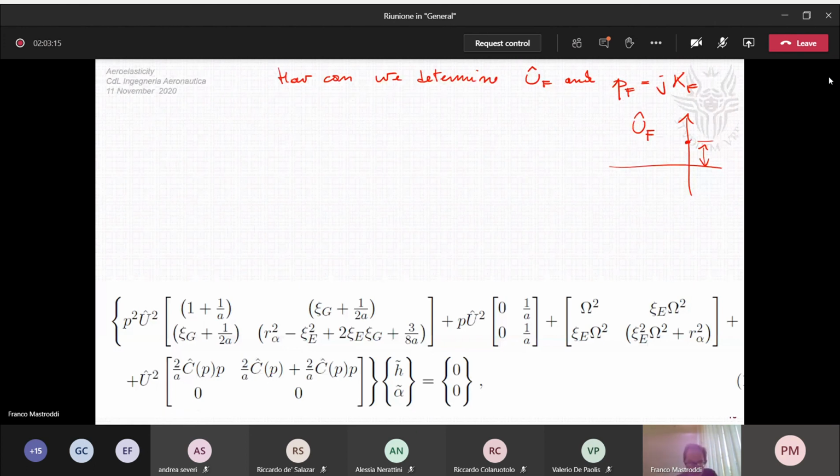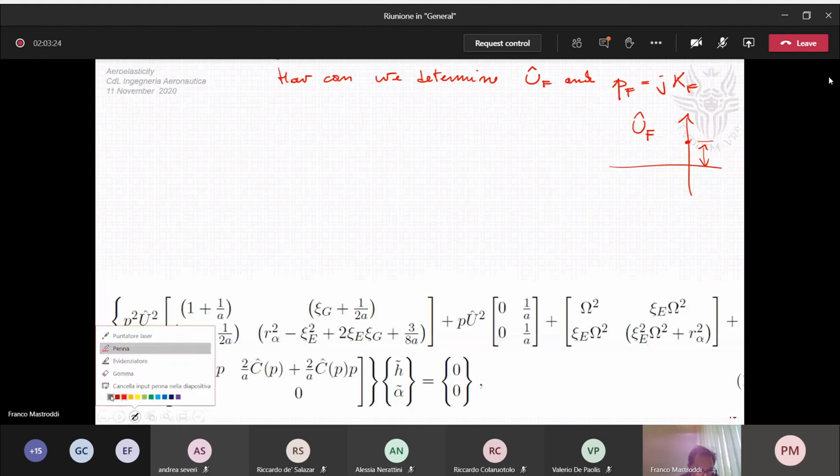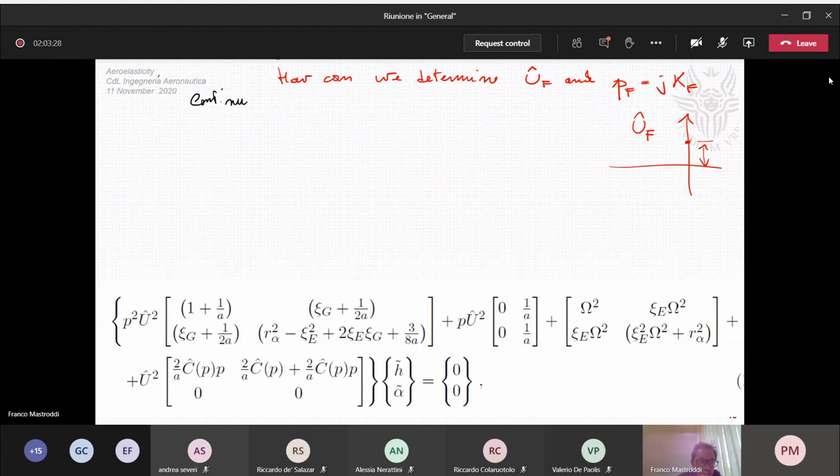if the point is continuation approach. In Italian, continuation approach is punto unito, metodi numerici.